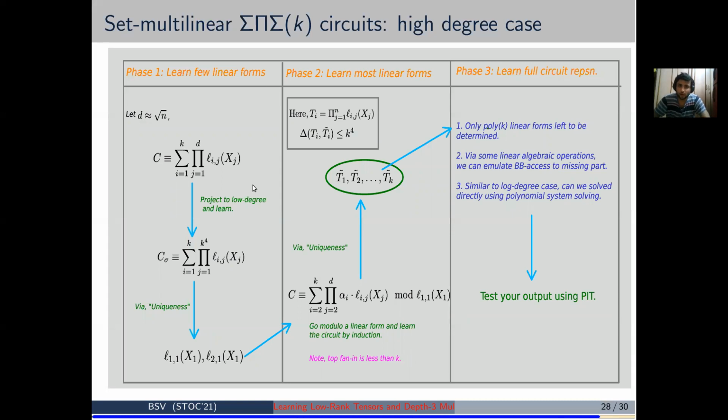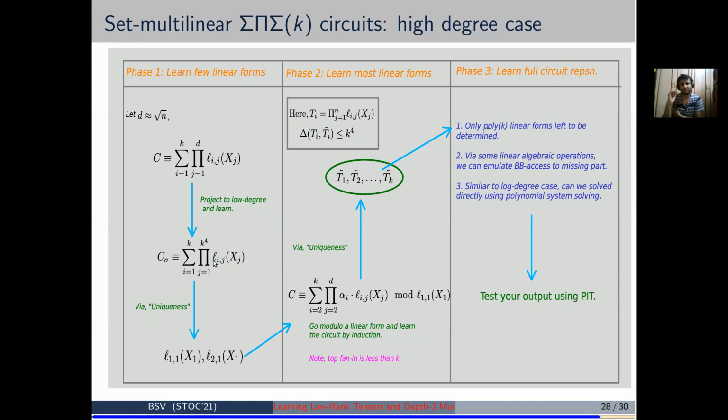So this is how your circuit looks. You can't see it, you can just evaluate it. You can't learn this representation when D is very high. So the first intuitive thing to try is to set lots of variables to random values such that D decreases. And as D decreases, maybe you can use your low dimension learning algorithm. That is, if the degree is small, you project it to a low dimension and you learn this thing.